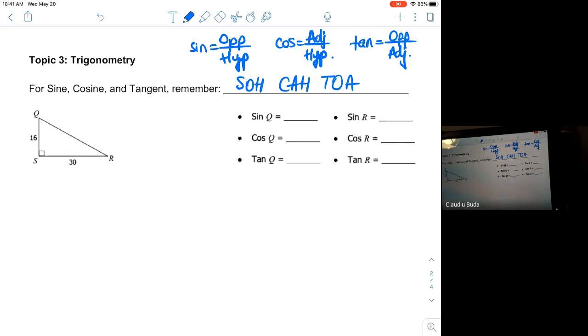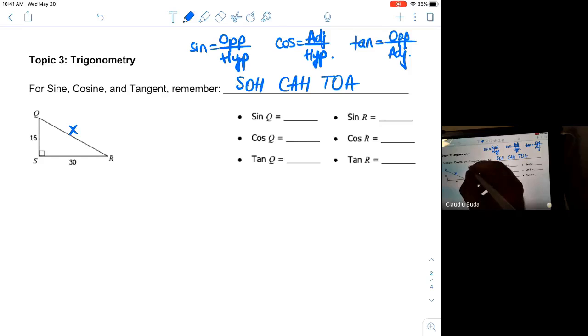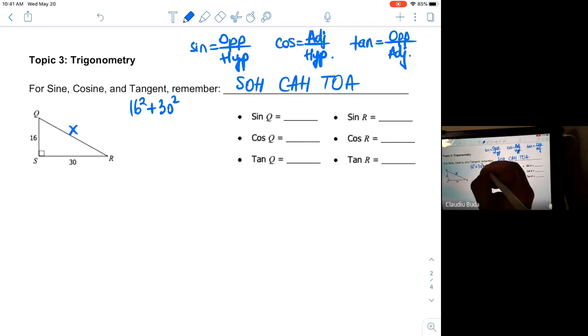And we have a little example. We have a triangle SQR. We have two sides, 16 and 30, which are the legs. And we don't have the hypotenuse, so we can call that x. And we can use the Pythagorean theorem to find that. So 16 squared plus 30 squared equals x squared.